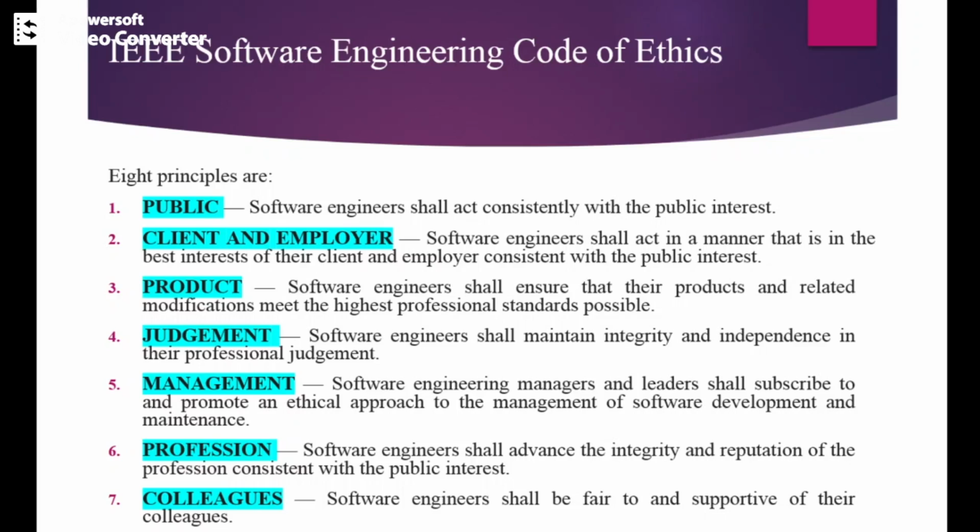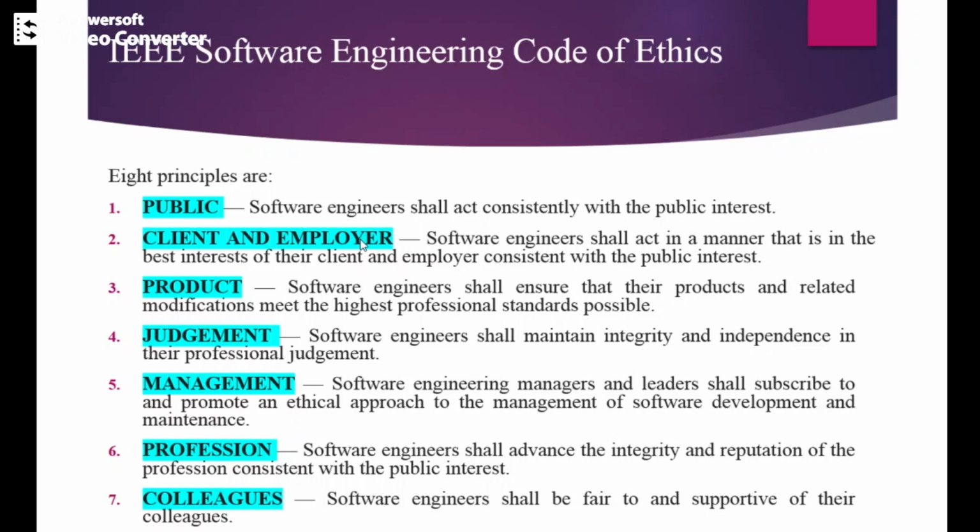It should not cause any harm to the public after using that system. It should benefit them. So you should think in favor of them only. Whatever you are building should be of use and benefit to them, and it should not cause any harm to them.